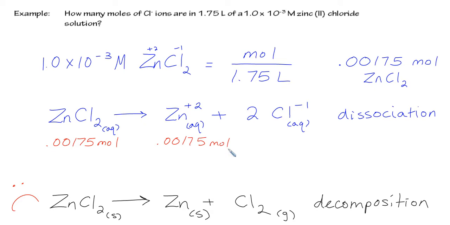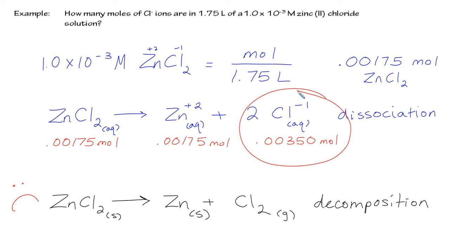And then I get twice as much chlorine, so all we have to do is double it. 0.00350. There we go. We just look at the ratios in the equation. For every 1 mole of zinc chloride, I should get twice as many chlorine ions. And that should answer the question, how many moles of chlorine ions? There we go, 0.0035.